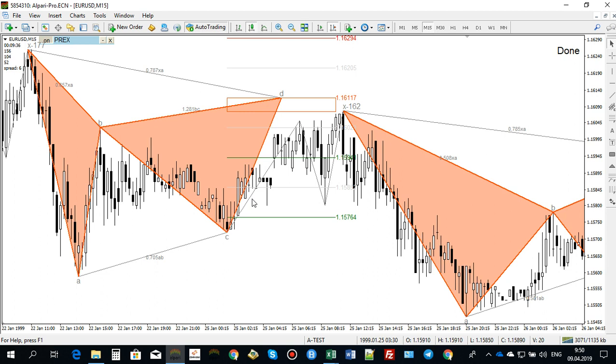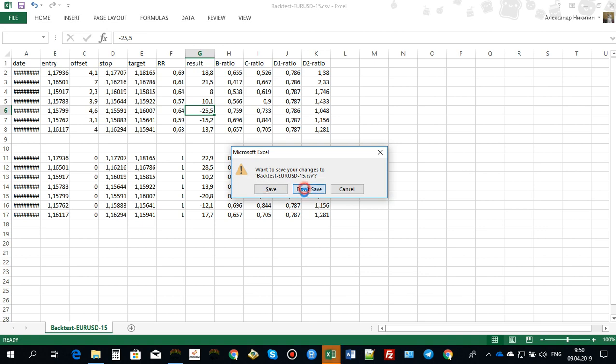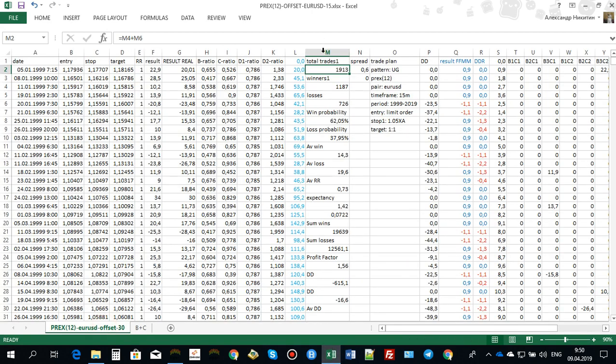But guys, 1,900 trades. Something enormous. The sample size is absolutely statistically reliable, 1,913 trades, and it took me 2 hours. Well, let's say it took me 3 hours because I did some breaks. Very fast, extremely powerful stuff.